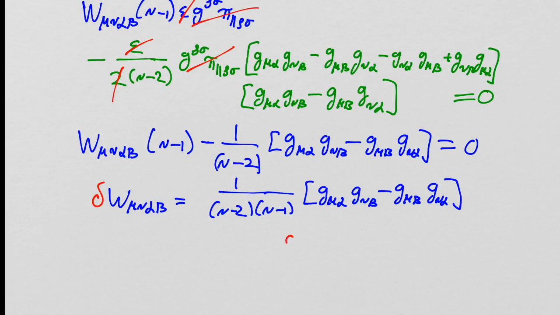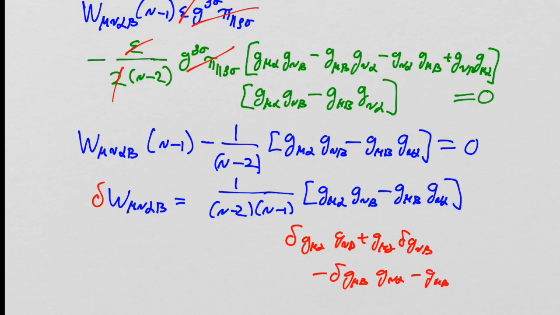So you'll end up with the variation of G mu alpha times G nu beta plus G mu alpha times the variation of G nu beta minus the variation of G mu beta times G nu alpha minus G mu beta times the variation of G nu alpha.